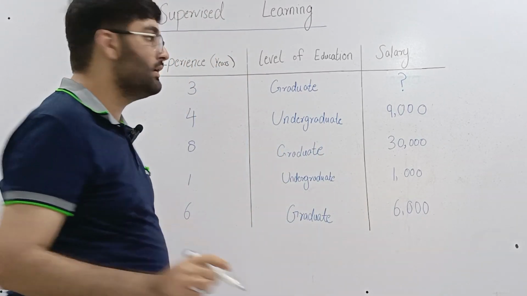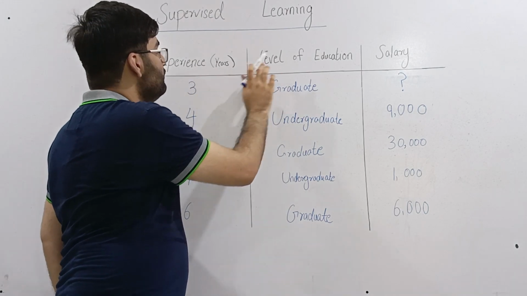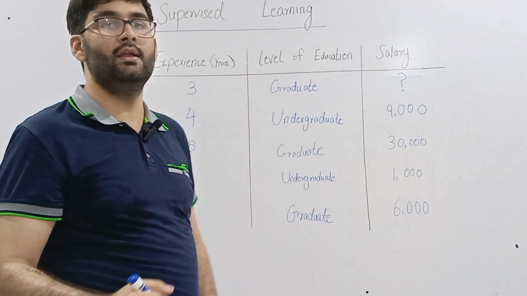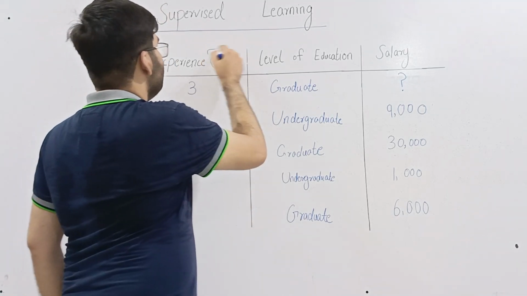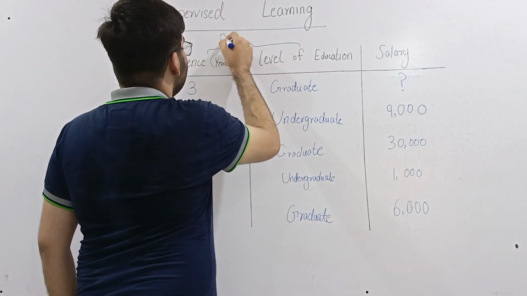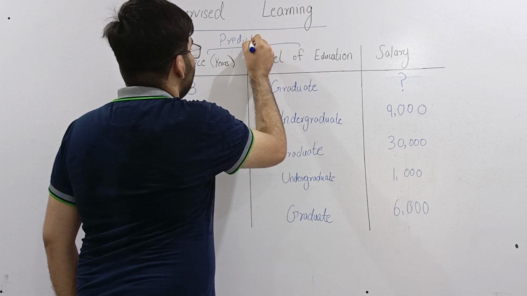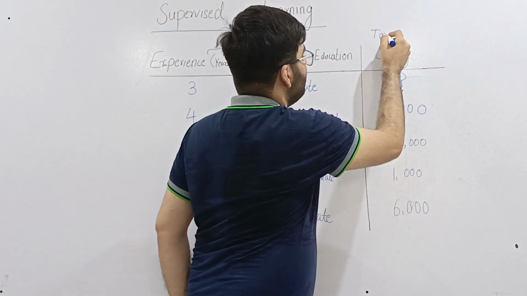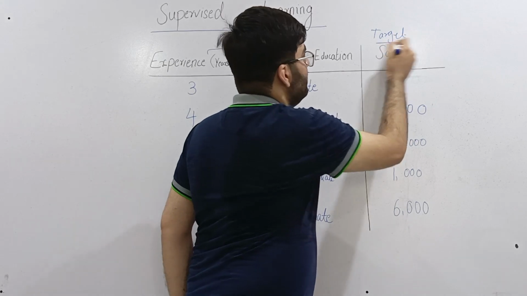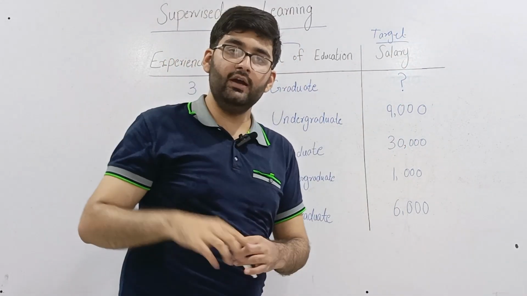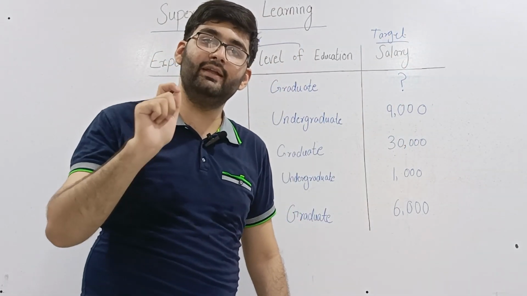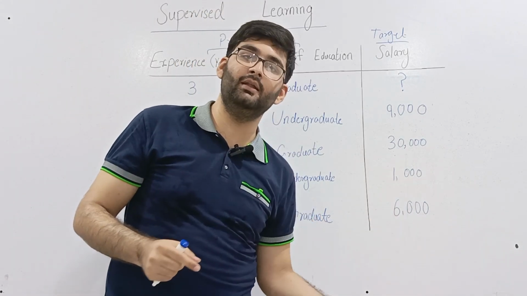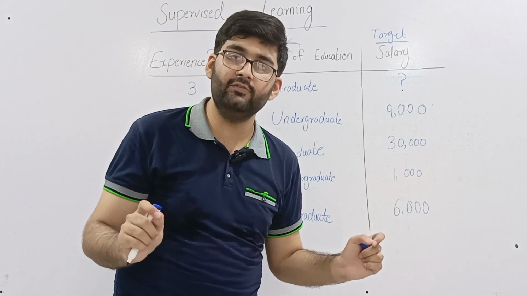Because we are using the values of these two variables to predict the value of the salary variable, we call these two variables the predictor variables, and we call the salary variable the target variable. So this type of learning where we are using the values of predictor variables to find the value of the target variable is called supervised learning.